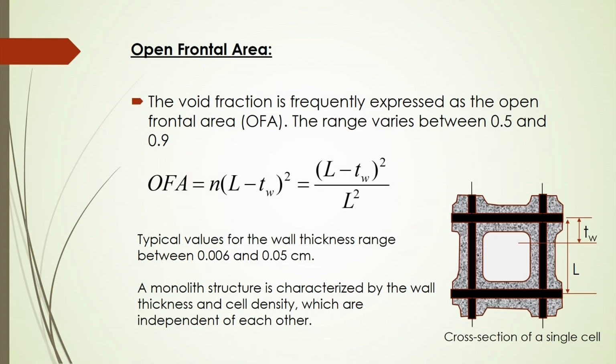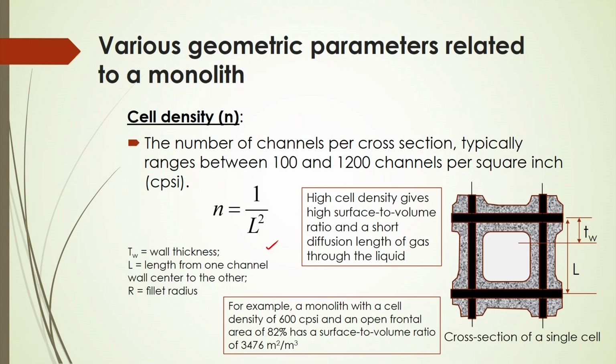This is a function of the number of cells, and also what the length L should be, and also the width of the channel given there. TW is given here as shown in the figure in earlier slides, where TW is nothing but the wall thickness here, and L is the length from one channel wall center to the other.